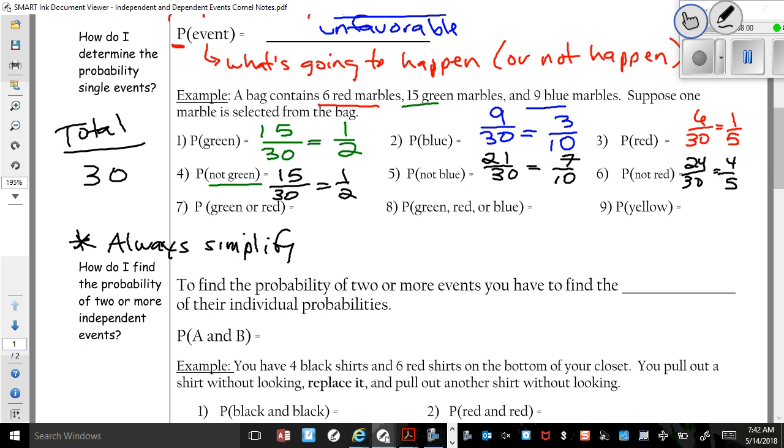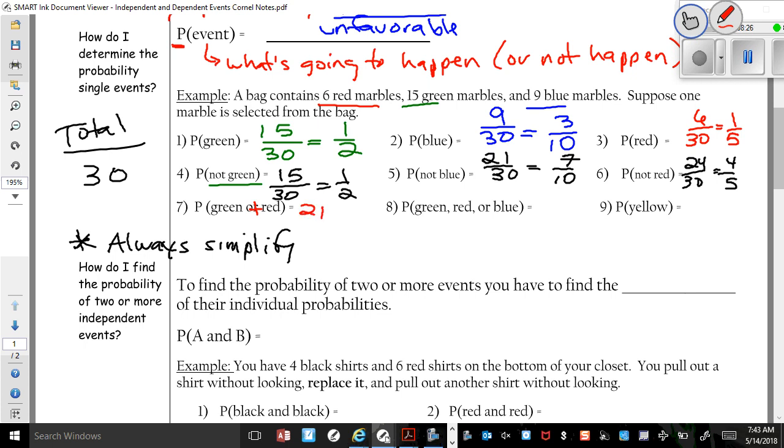Right. All right. Green or red. Now, here's when you see the word or, you have to add green plus red. So how many green are there? And red?